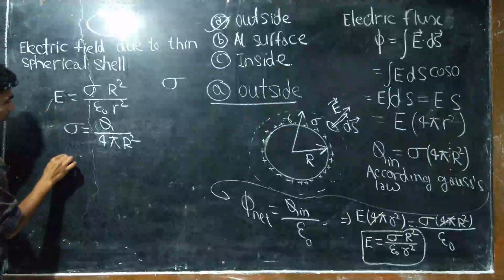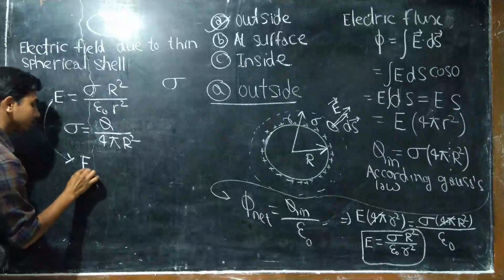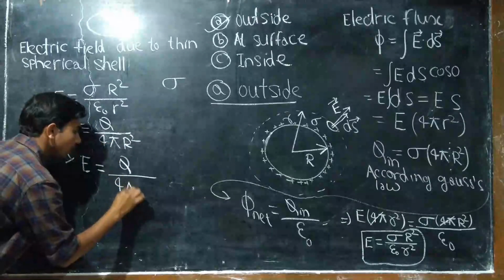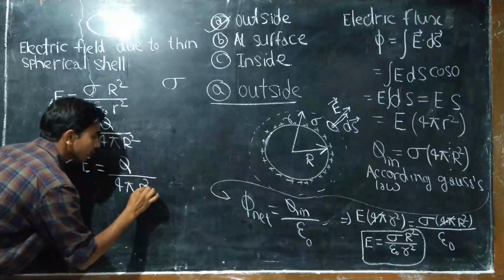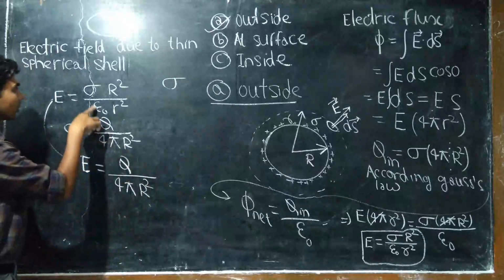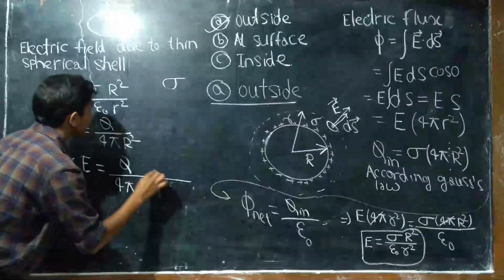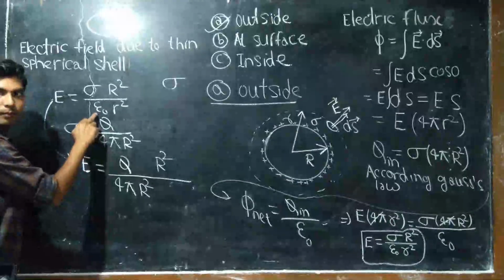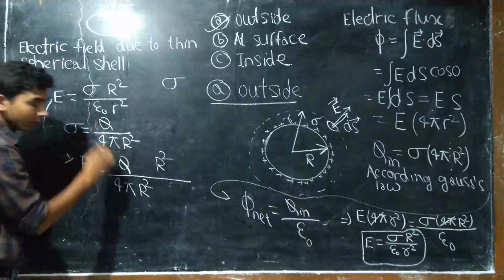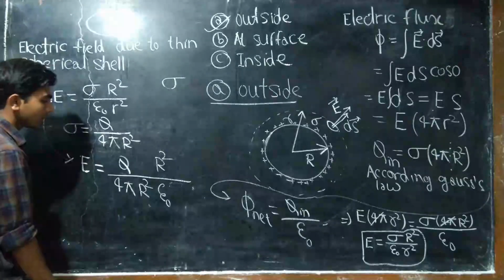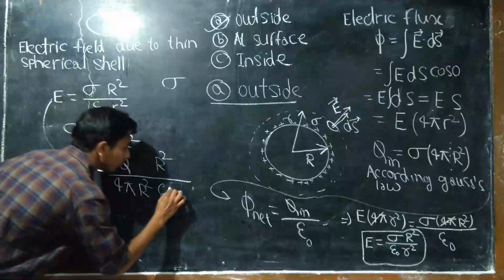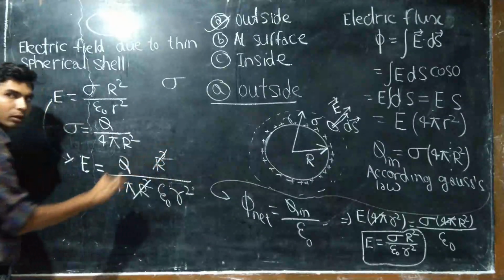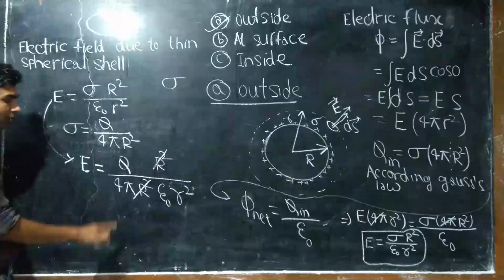Now you can see E is equal to sigma, which is Q by 4 pi R square. I just substituted the value of sigma, right? And the remaining terms: R square is present, epsilon 0, and small r square is also present. Now you can see this R square is cancelled by this r square, right?